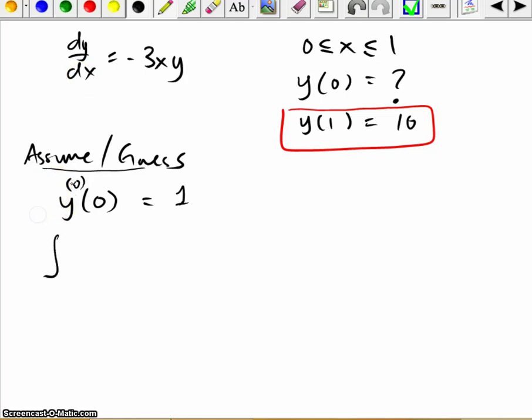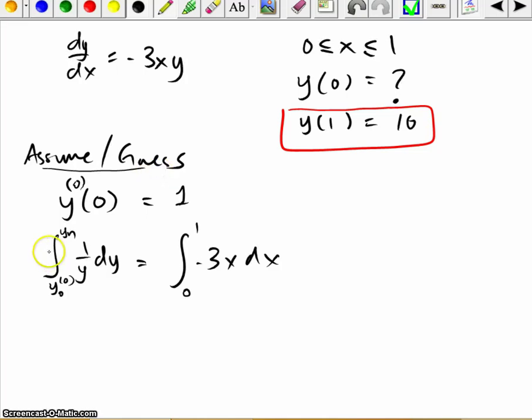So we can write 1 over y dy equals minus 3x dx. What I've done is I've just rearranged this equation to write it as an integral. Your integral for y would be from your y0, from your guess, up to yn, and your integral for x will be from 0 to 1.